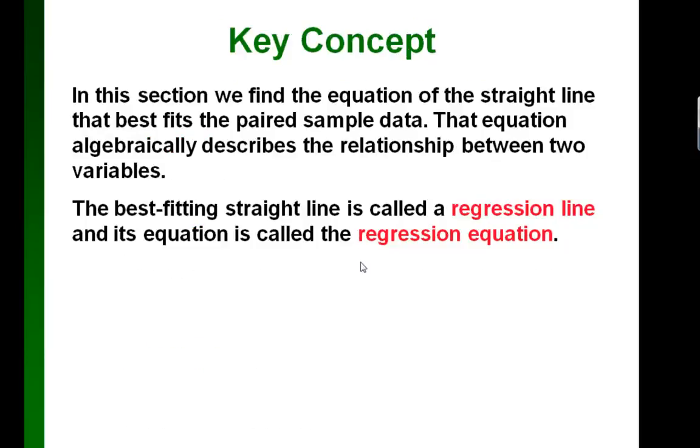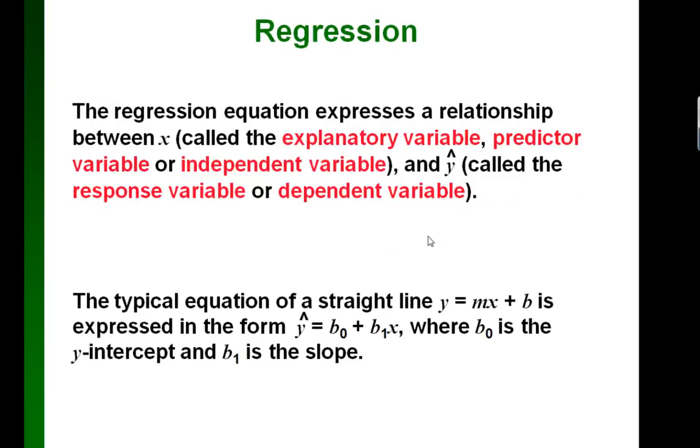So again, we're actually doing linear regression, and once we know whether there's evidence of a linear relationship, if there is evidence of a linear relationship, then we want to find exactly what that relationship is. And that's our regression line, or our regression equation. And this is going to be just a straight line. Normally we have an equation for a straight line that's y equals mx plus b.